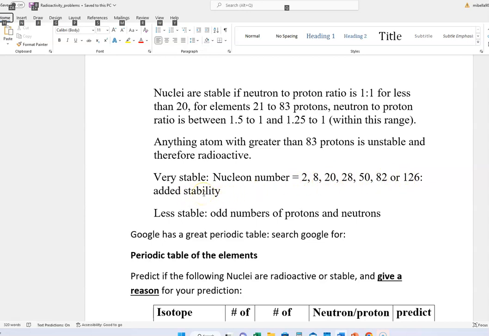And of course that has to do with the pull and push between the strong nuclear force that's holding the nucleus together and the electromagnetic force, which gets weaker over a very large nucleus.